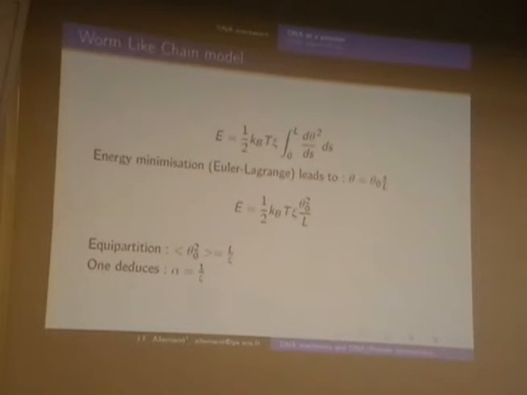So you have an energy that is proportional to the square of a parameter. You are at equilibrium, so you can use the equipartition of the energy. And the equipartition of the energy tells you that the average value over the fluctuation is equal to 1/2 of kBT per degree of freedom. So here, our polymer can move in this direction and in this direction.